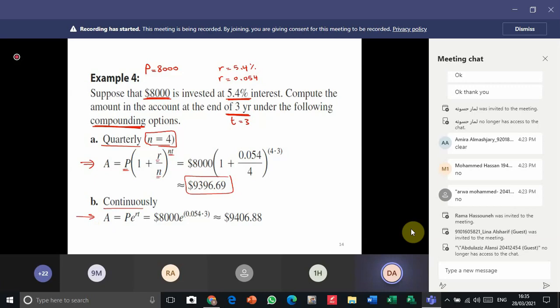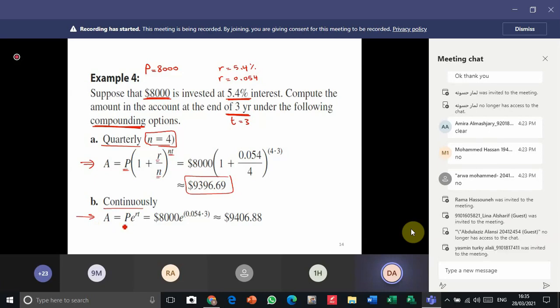But if we have continuous compounding, without n, we can find the amount in your account by using this formula. B equals 8,000, times E, this number, to the power R multiplied by T equals 3. So we can find the continuously compounded interest.